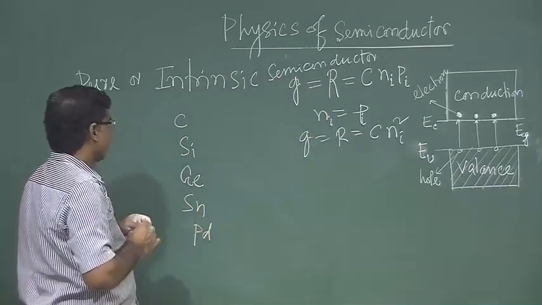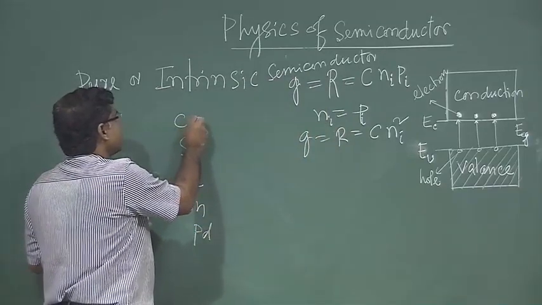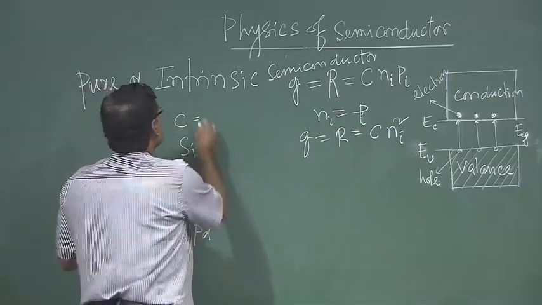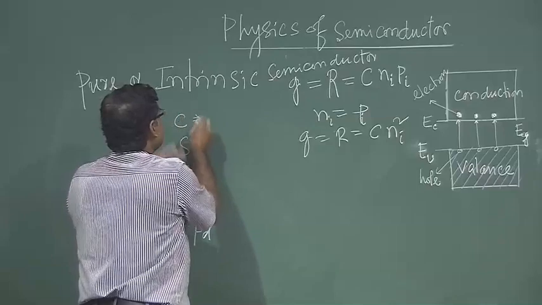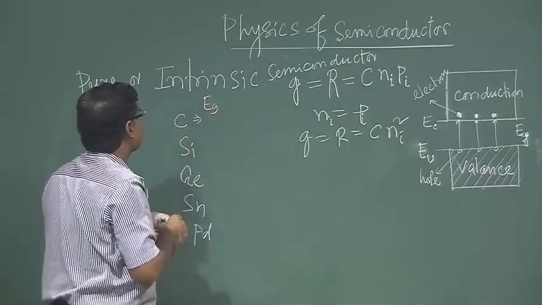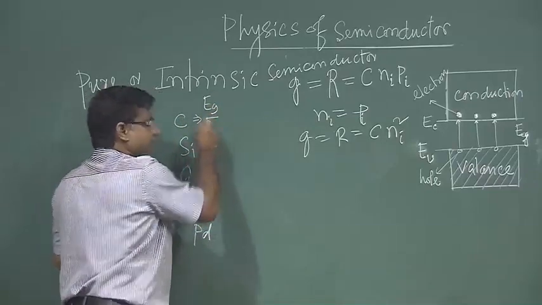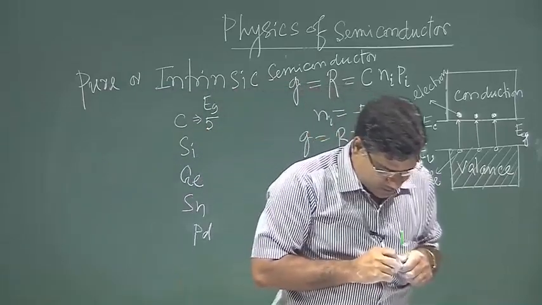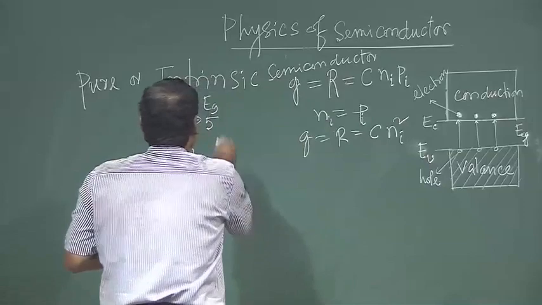When carbon forms a crystal, the band gap Eg for this material is around 5.51 electron volt.